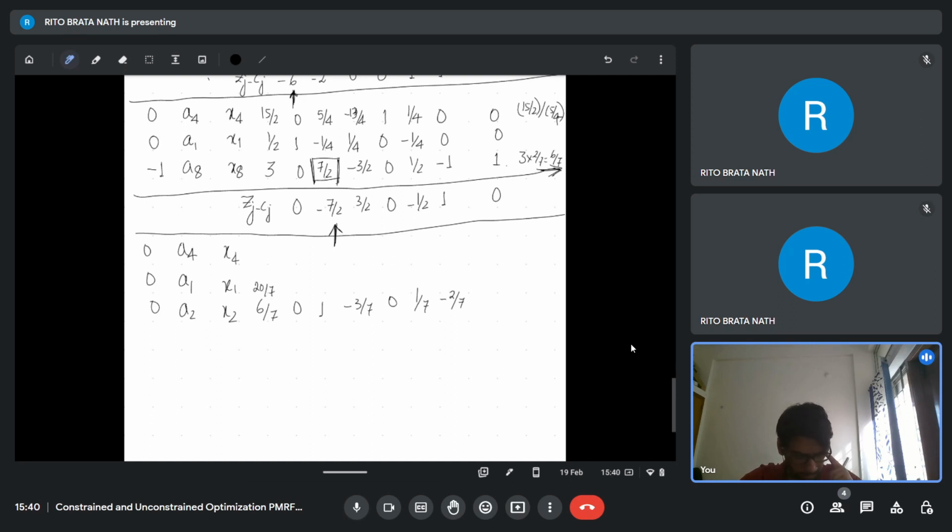This will be 4. This will be 0. So this will be 1 minus, this is 4 by 7. This will be 0. So this is minus 1 minus 6 by 7. And this is nothing but minus 2 by 7.